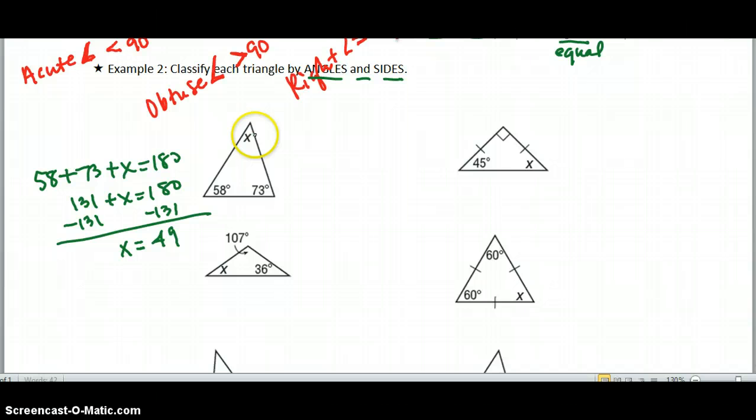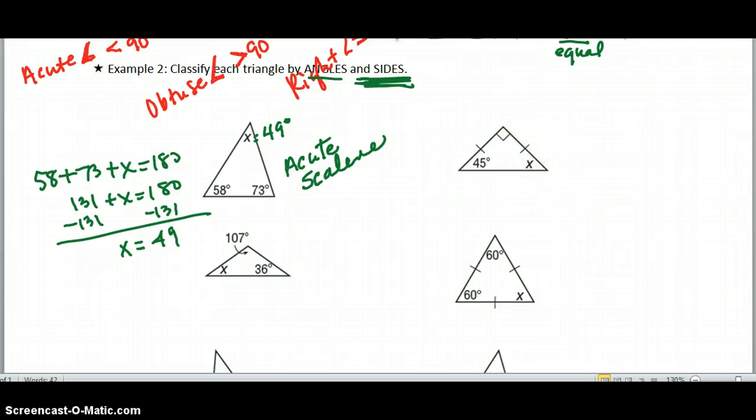So we find out that this angle here is 49 degrees. None of my angles are greater than 90 or equal to 90, so this is acute. And that's by its angles, but it also says and by sides. Since none of my angles are equal, none of my sides are equal, so it would be acute scalene.